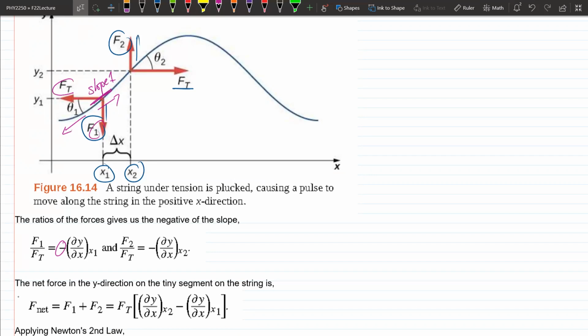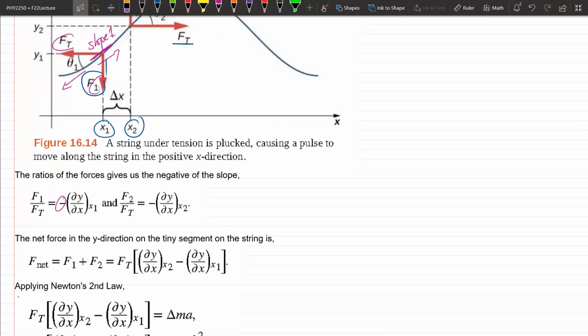So how is that useful? Since we care about the motion in the y direction, meaning how fast it is wiggling up and down, the net force in the y direction on that particular segment is actually force 1 plus force 2, since the tension force is equal between them.